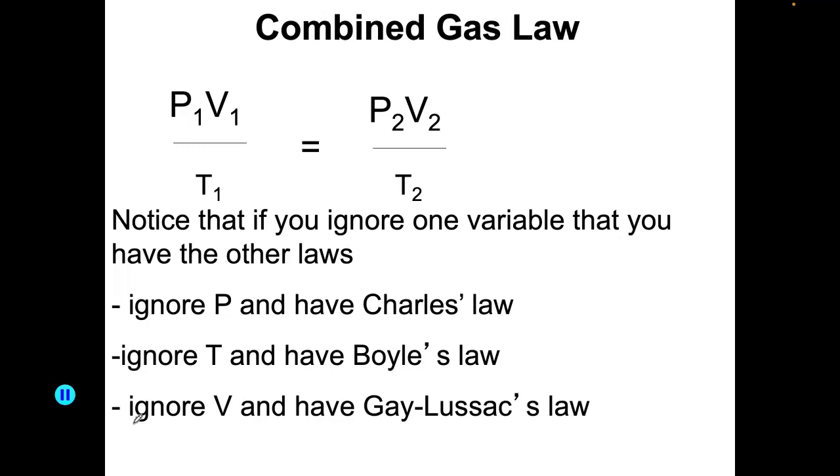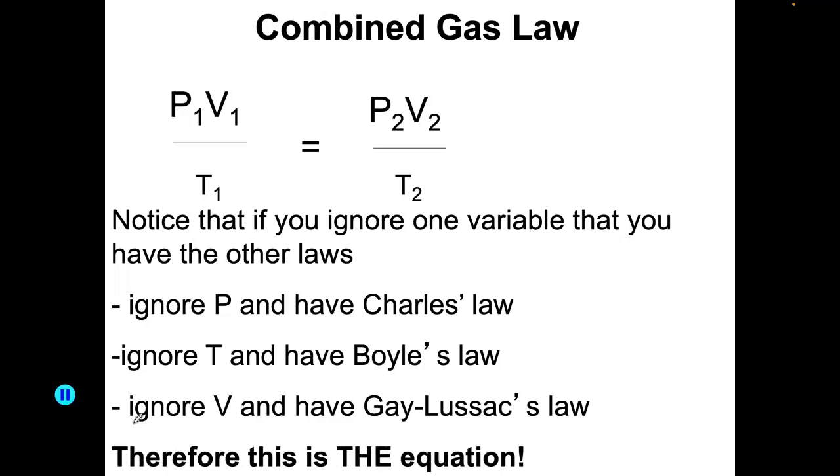So we just combined all three into one equation. This is kind of what you see in your triangle, showing you all the equations combined together to make the combined gas law. When we go across in the triangle, we're multiplying. When we're doing top to bottom, we're dividing, just like you see here.